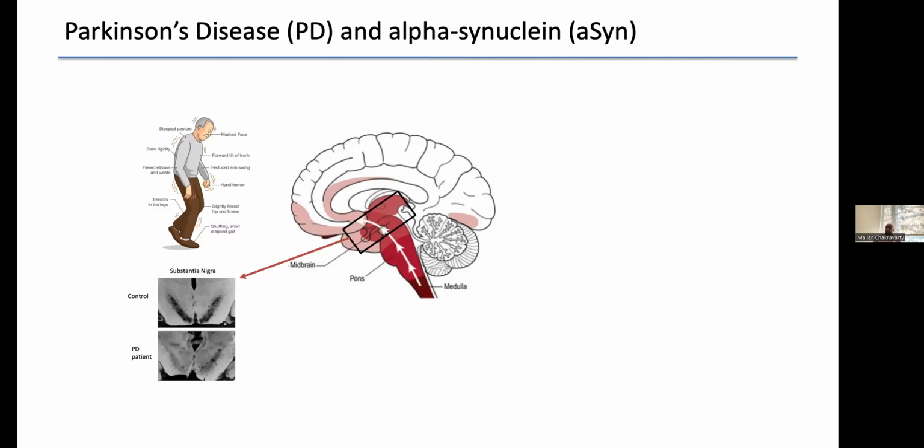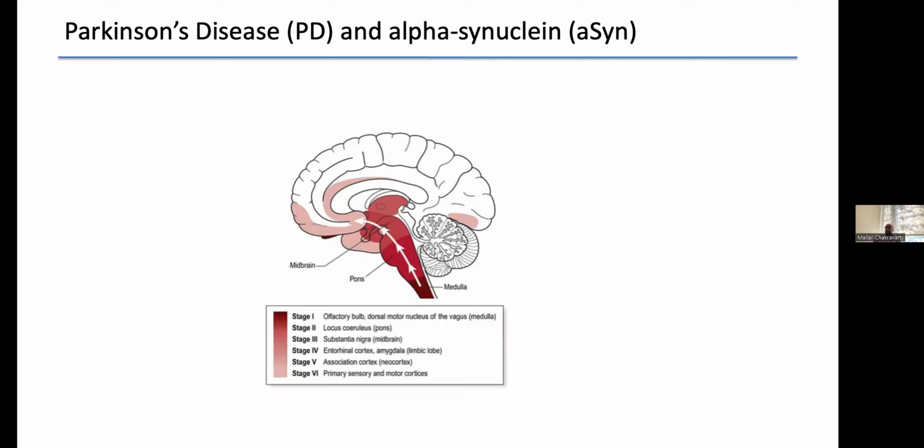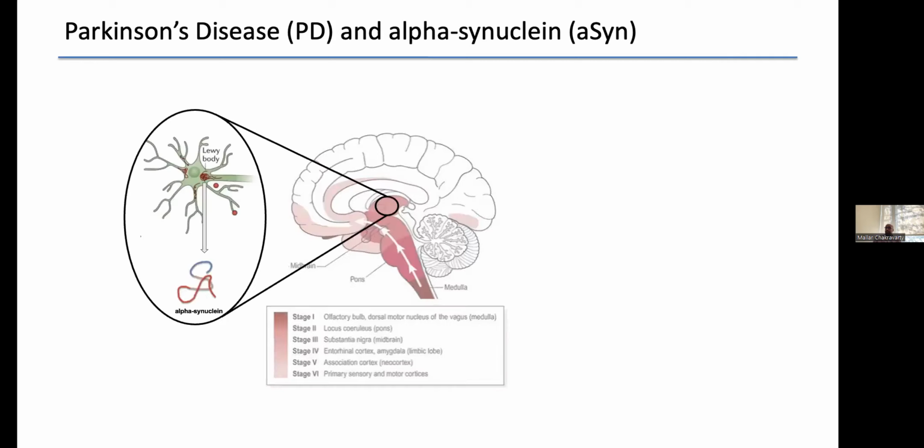We know that the symptom profile often seen in PD, so stooped posture, the tremor, the rigidity, is because of neurodegeneration, often in the substantia nigra, but elsewhere in the brain, that results from the traveling of alpha-synuclein up from the brainstem and through the brain, causing toxicity and ultimately neuron and cell loss. And this was first indicated by the Braak staging that is very popular in the field and the human literature.